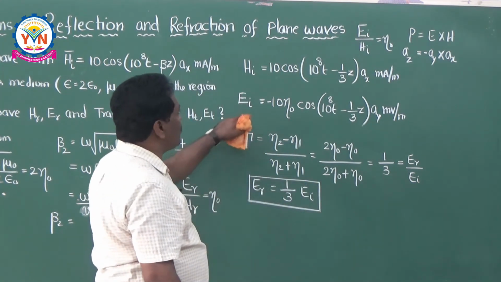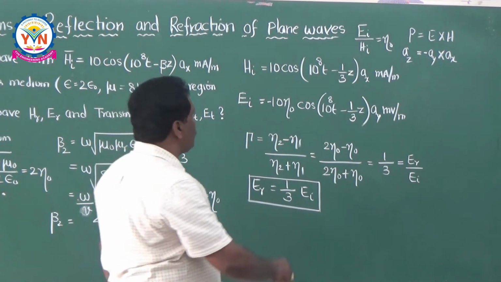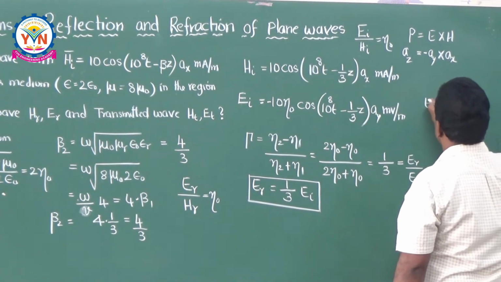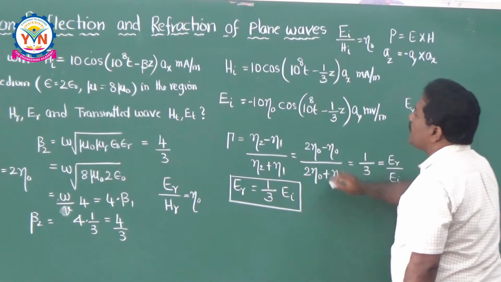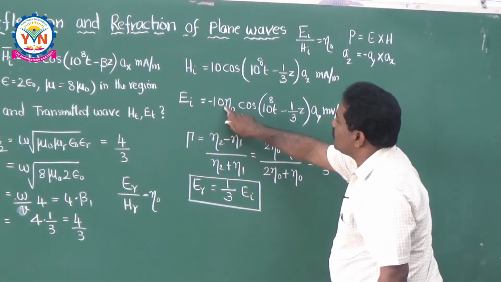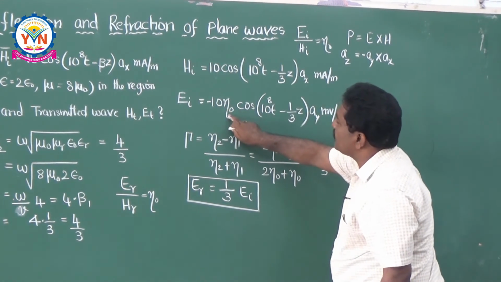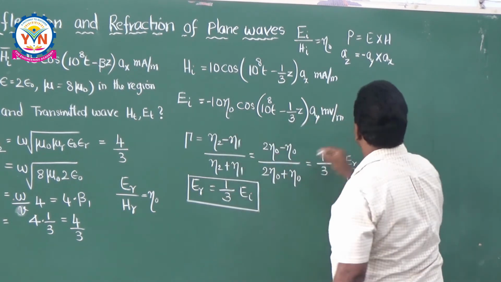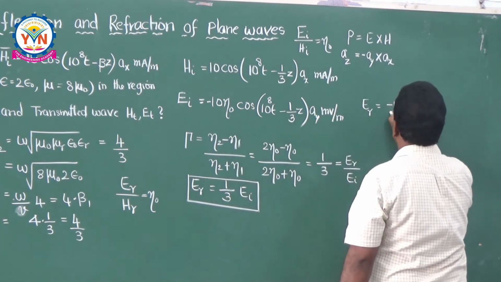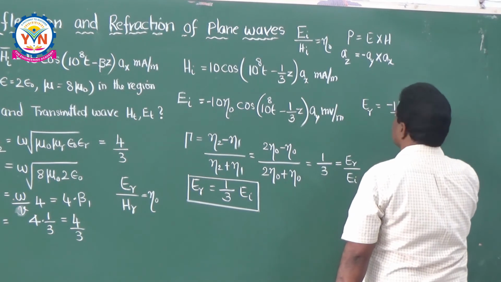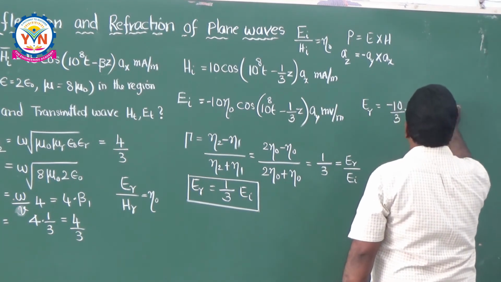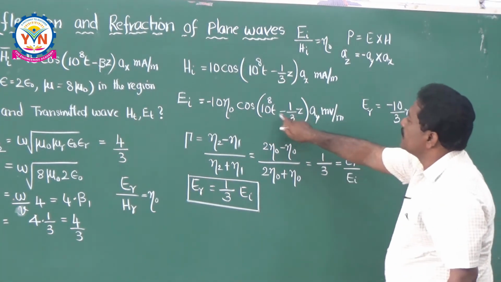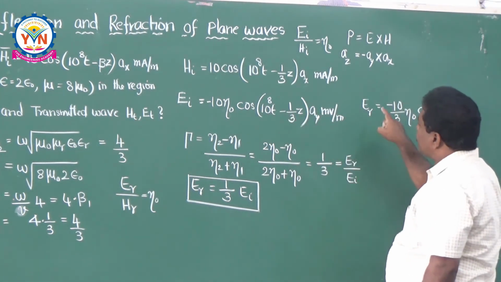So for writing the reflected component, ER is equal to 1/3 of EI, and 1/3 of EI means minus 10/3 E naught into cos of 10 power 8 t.